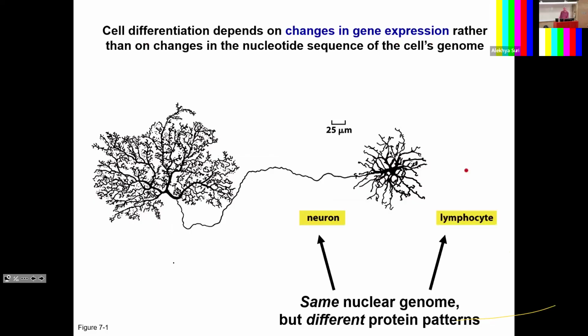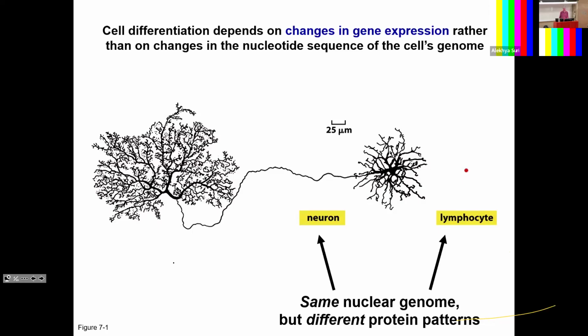Okay, so first, just the introduction. Here you see two different cells. On the left side is a neuron, a nerve cell, very large, extended, with many arms, like a network. On the right side, you can see a little red dot.